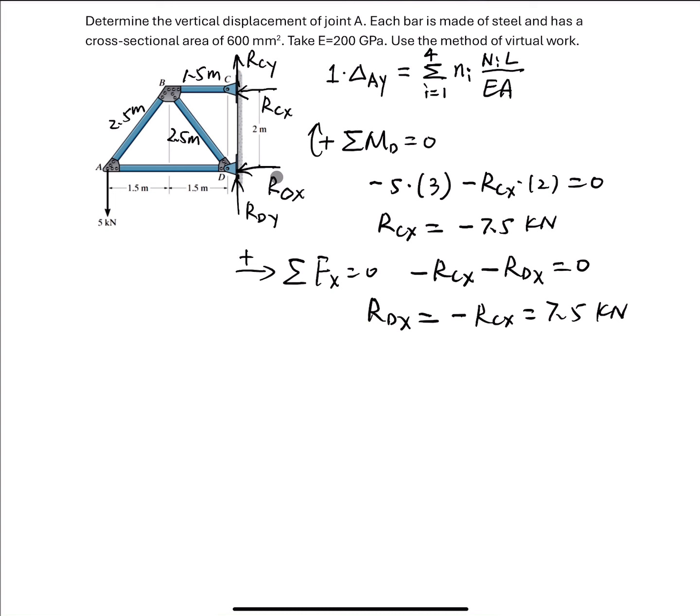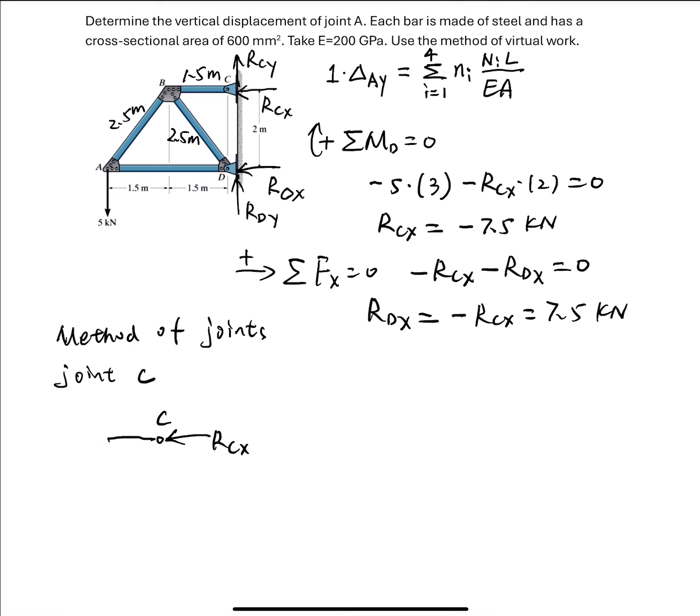Then let's look at joint C. We're using the method of joints to work out the member force and reaction force. This is joint C. We have RCX.